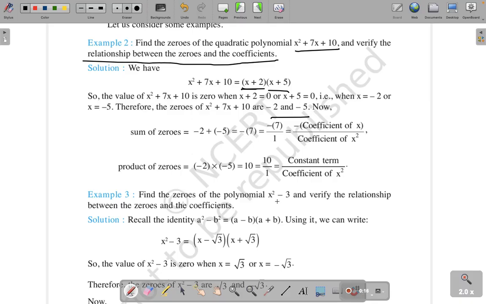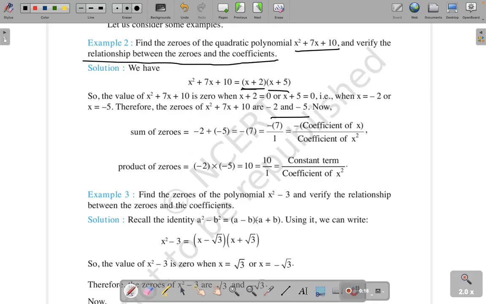What is the zero of this? Plus minus root 3. One will be plus root 3, the other will be minus root 3, right? So what will be the sum of roots?